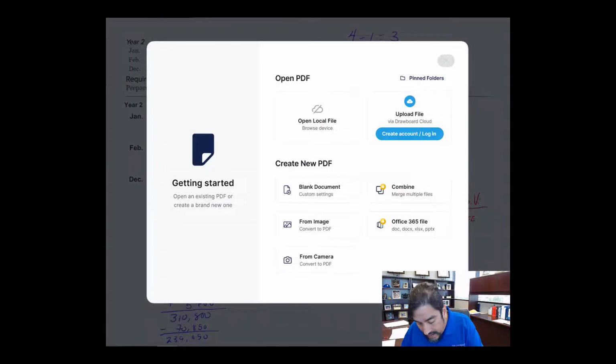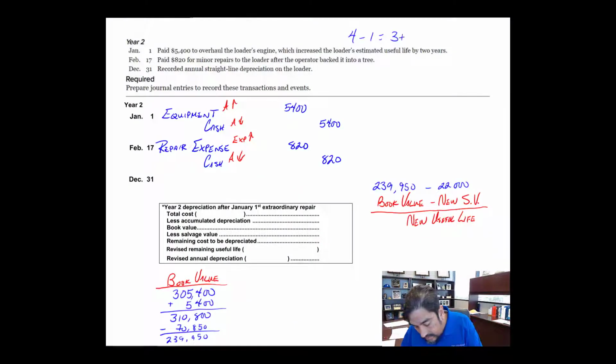And we've added these 2 years. So that's our new remaining useful life. Maybe I should put that in here. Our new remaining useful life is 5.